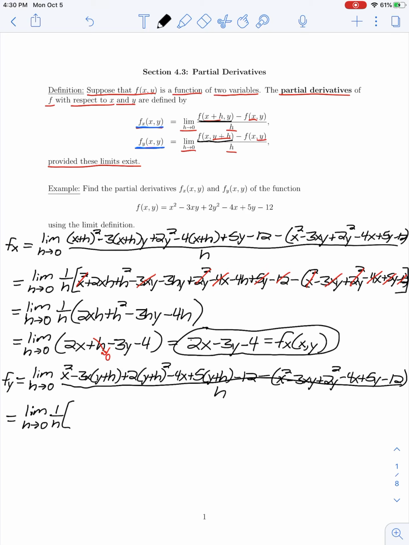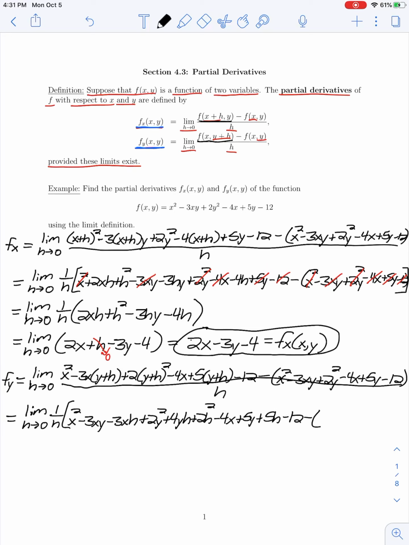And expanding the first part of my numerator, I would have x squared minus 3xy minus 3xh plus 2y squared plus 4yh plus 2h squared minus 4x plus 5y plus 5h minus 12.